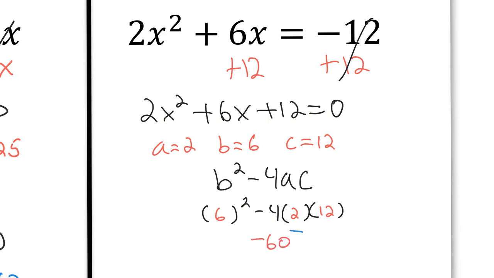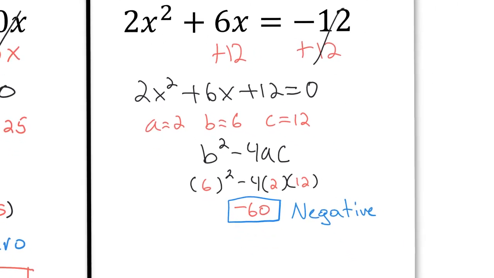Now, the number doesn't really tell you how many solutions, but the keyword is the negative. Negative 60. So let me write down the negative here. When you have a negative discriminant, it might be negative 7, negative 2, negative 1, negative 100, negative 60, negative 80. When it's negative, we have no real solution.